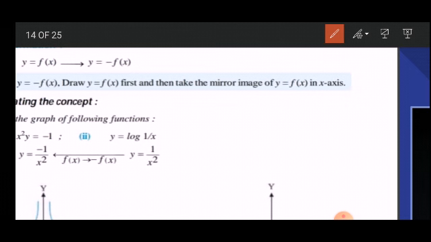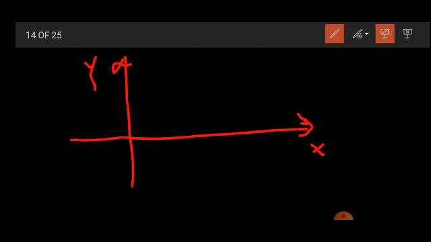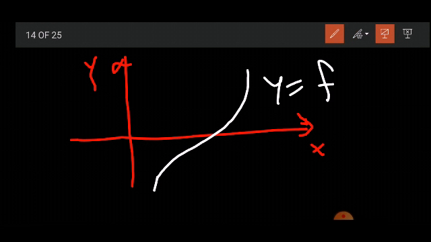Let's take a look at any function. Say this is the x-axis and this is the y-axis, and this is the y equal to f(x) graph.